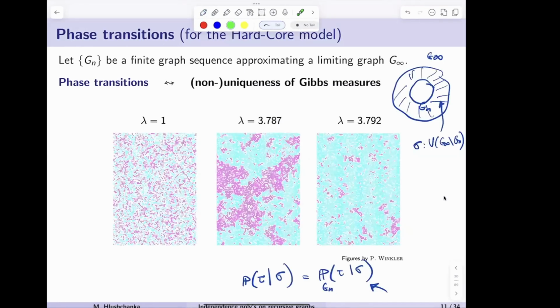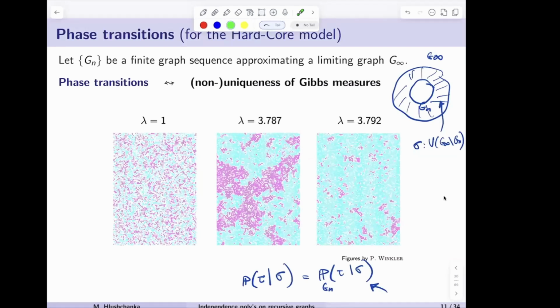Well, if I look at this square lattice, as I was saying, for large parameters lambda, we tend to prefer those independent sets with as many vertices as possible. And in this case, there are basically two different kinds of largest independent sets.